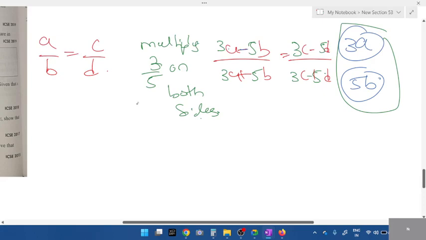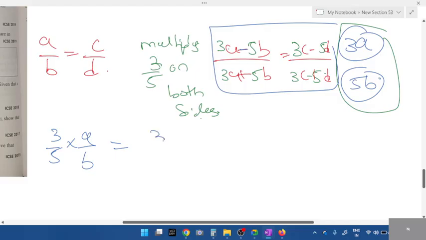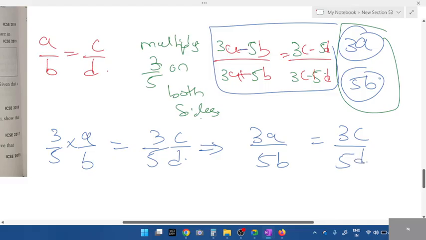They give that type of question. Just look at the right hand side, compare it. So 3 by 5 into A by B is equal to 3 by 5 into C by D. This will give you 3A by 5B is equal to 3C by 5D. After this, apply componendo dividendo.